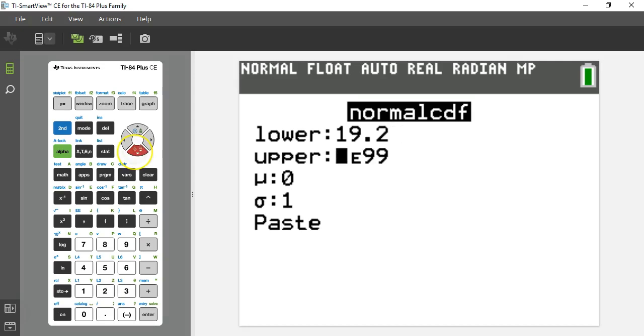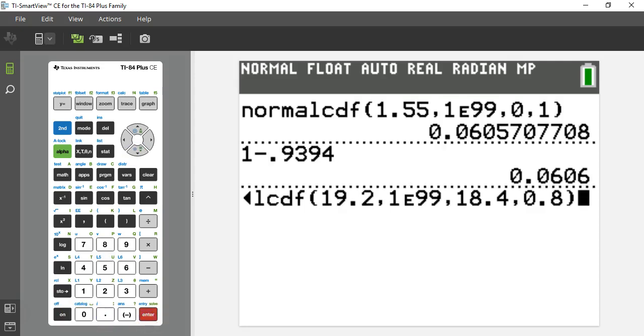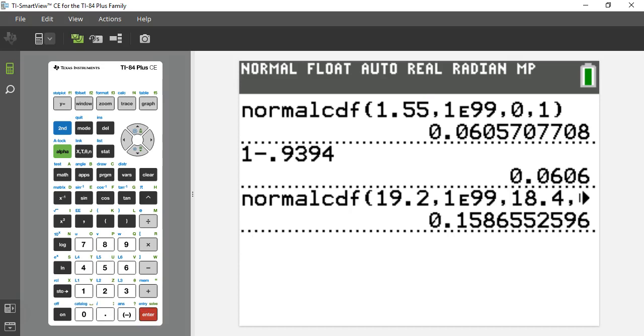And we want to be to the right of that, so do I keep the 1e99? Absolutely, because we want to go to positive infinity. Do I keep my mean at 0? No. What is our mean? That's your 18.4. And then what's our standard deviation? 0.8. So we just paste this information in, and there you go.